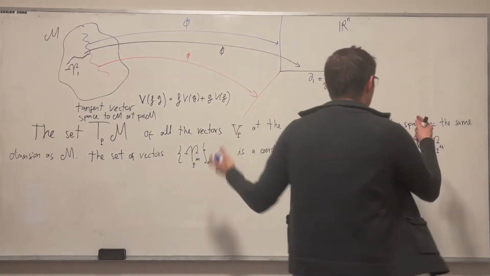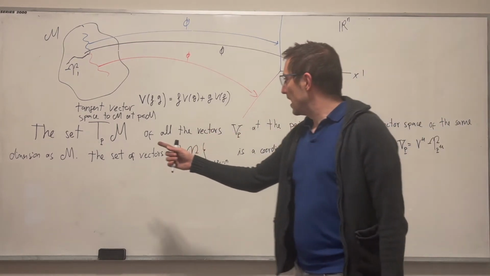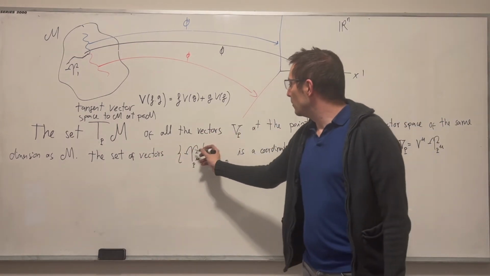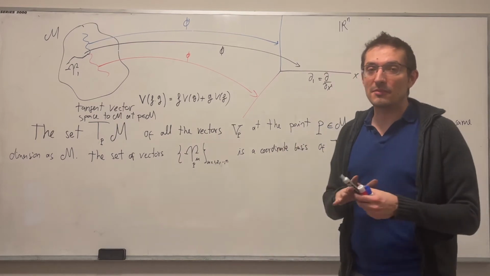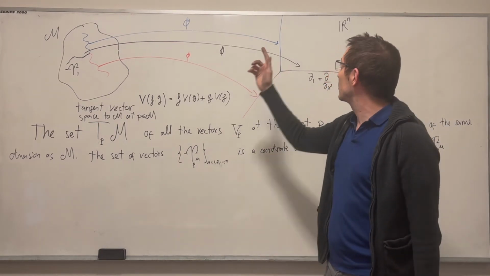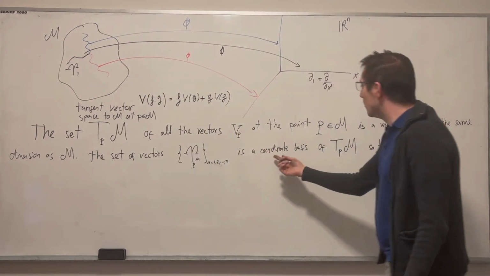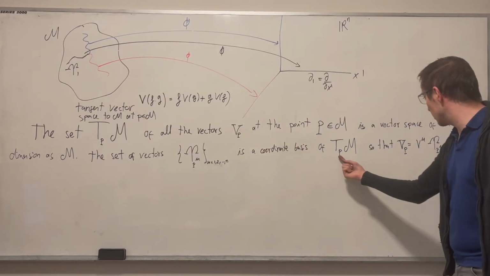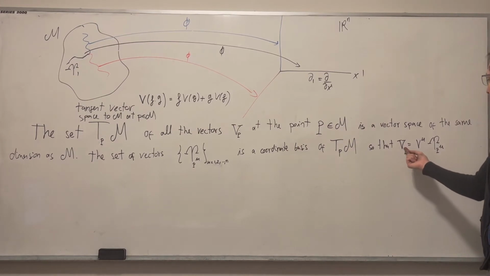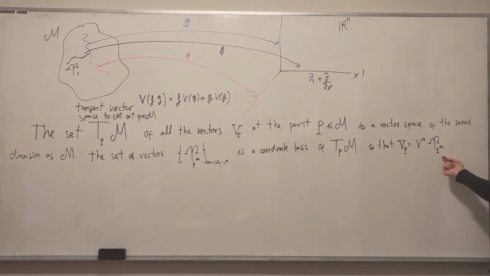This is a vector space of the same dimension as M. And the set of vectors epsilon mu, remember, the vectors tangent to the coordinate curves associated with this chart, the ones that generate the axes, form what we call a coordinate basis of TPM, so that I can expand Vp in terms of elements of that basis.